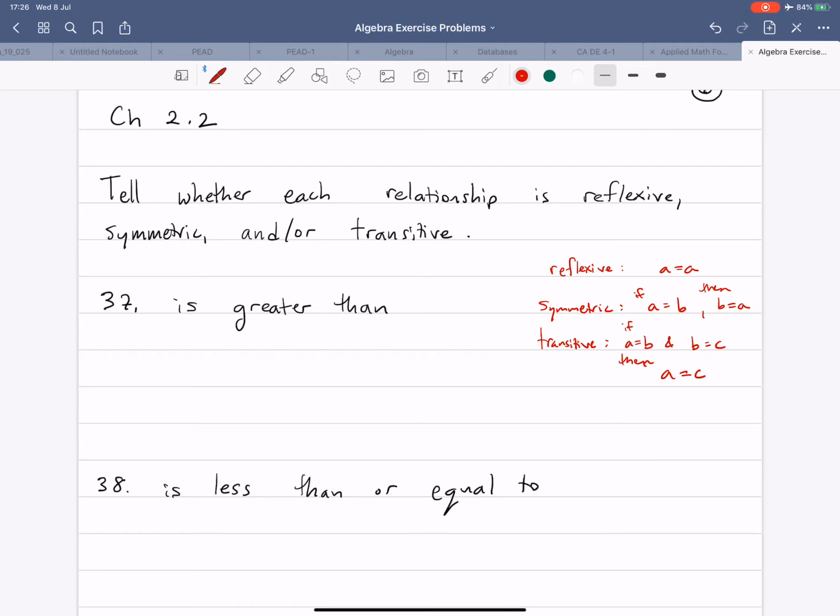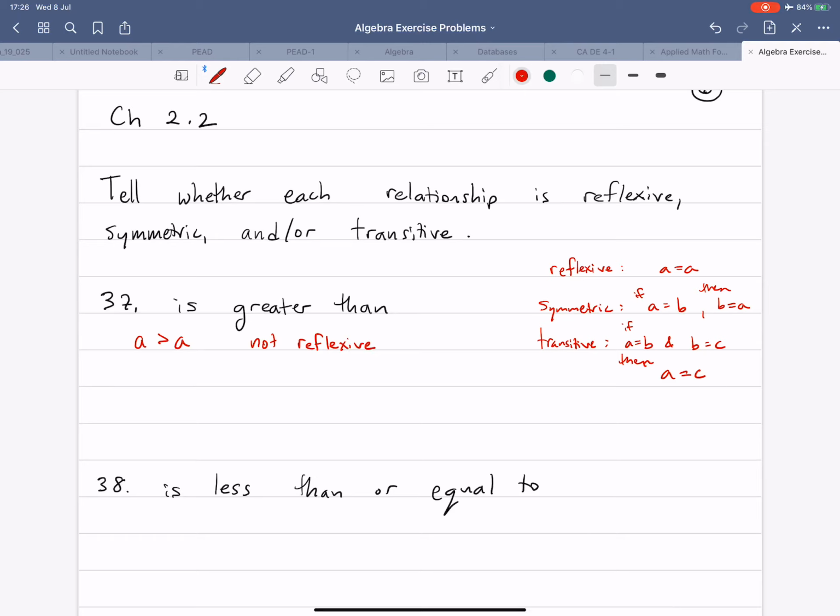We're asking about whether greater than is reflexive, symmetric, or transitive. It would be reflexive if A is greater than A. And A is not greater than A because it's exactly equal to A. So this is not reflexive.